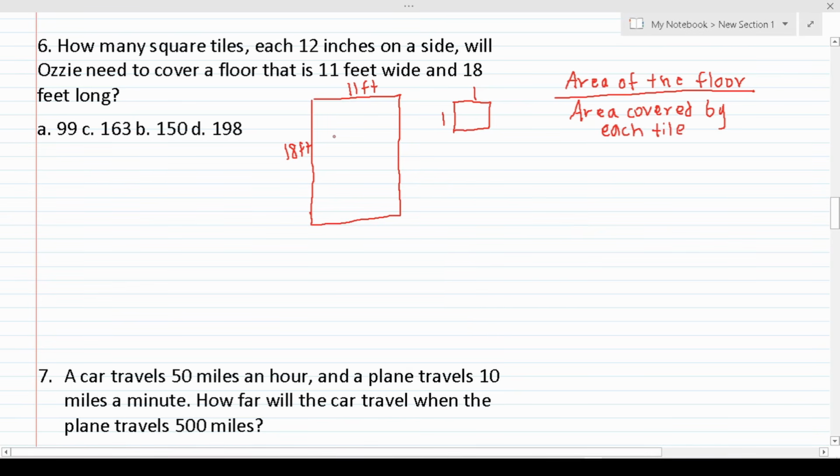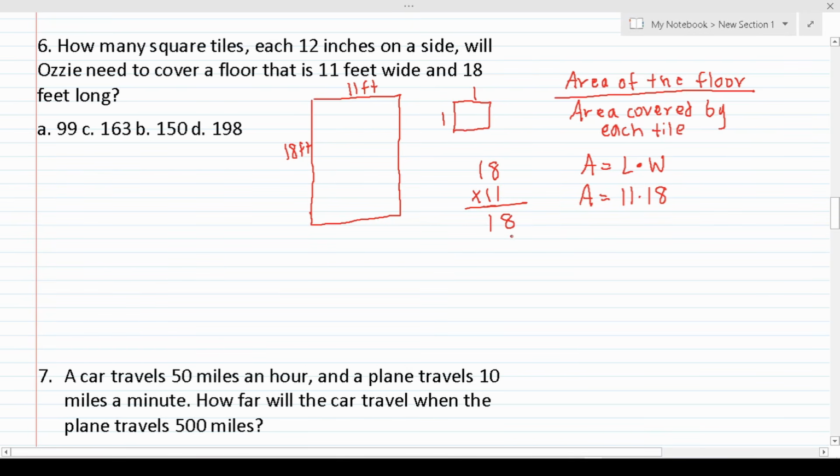The area of the floor is pretty easy to find. This is a rectangle, so we know its area is going to be length times width. We can go ahead and work that out real quick. That's going to be 11 times 18. Let's work that off to the side. 18 times 11. 8 times 1 is 8. 1 times 1 is 1.